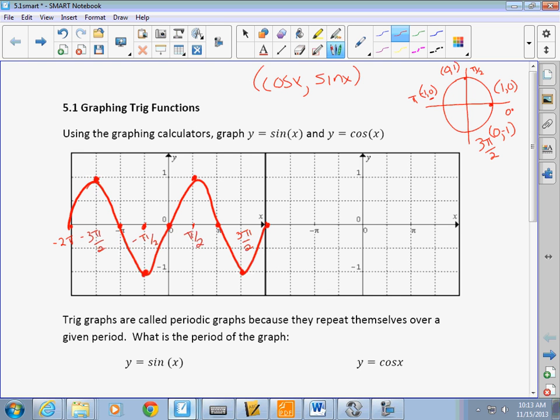Okay, so now if we look, this point on the unit circle is 1, 0, but my sine value is 0. At 2 pi, which is right there, my sine value is 0, so I have to be at 0 on the graph.